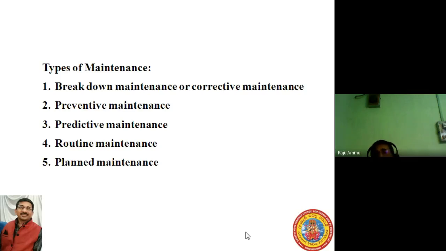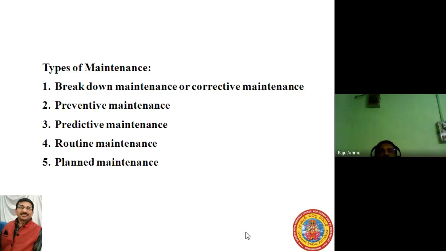Because the machine has broken down, there will be a problem in the production process, and the total production department will be stuck with this. It will definitely show an impact on the number of units to be produced. That is productivity.